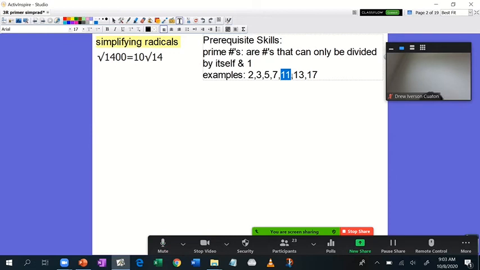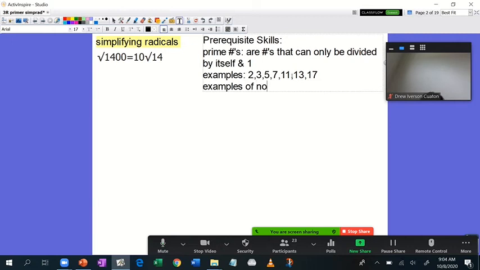All right. A number like 8 is not prime because 8 can be divided by 4 and 2. Okay? A number like 6 is not prime because it can be divided by 3 and 2.